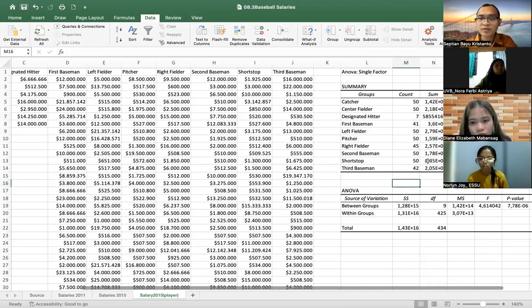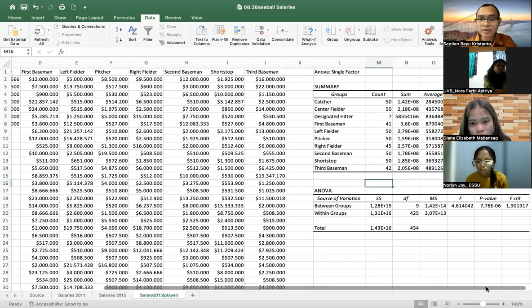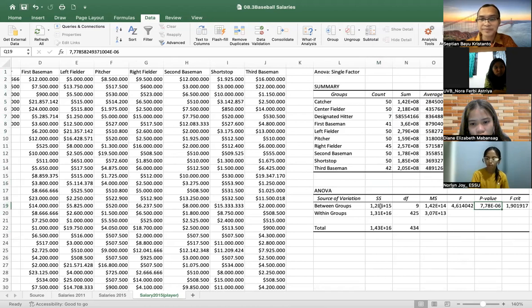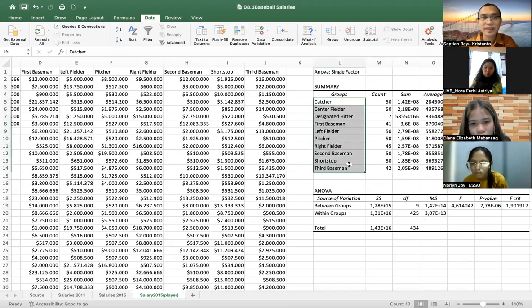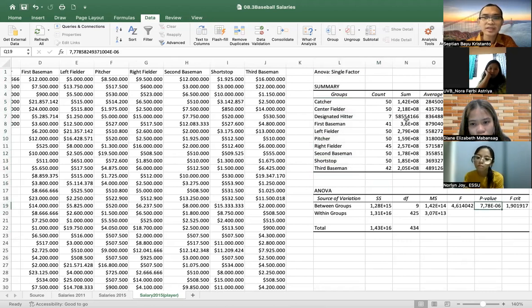With this information, we can conclude about the p-value using between groups for all of the samples, not by one, but for all of the samples. It concludes that they have a difference in salary.